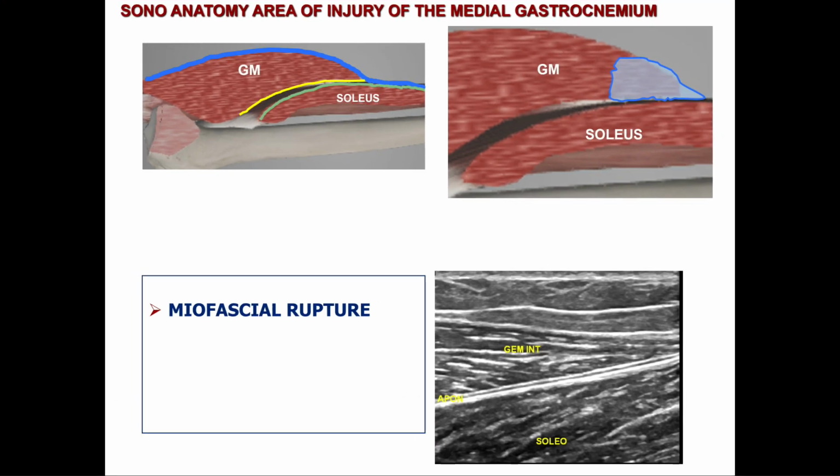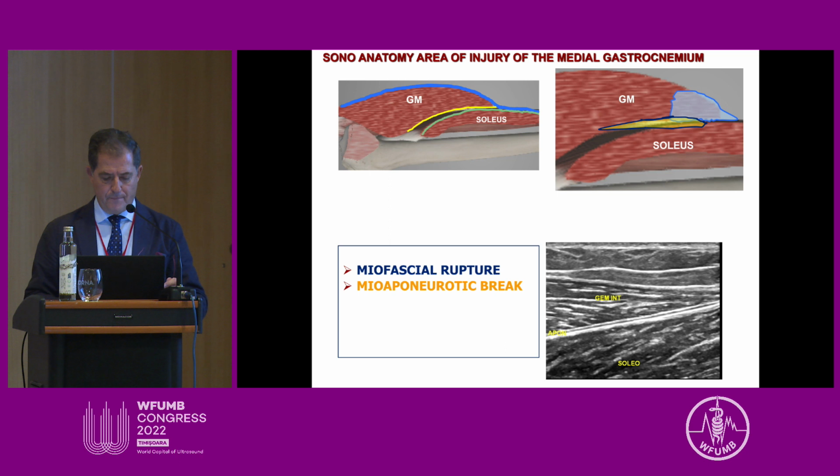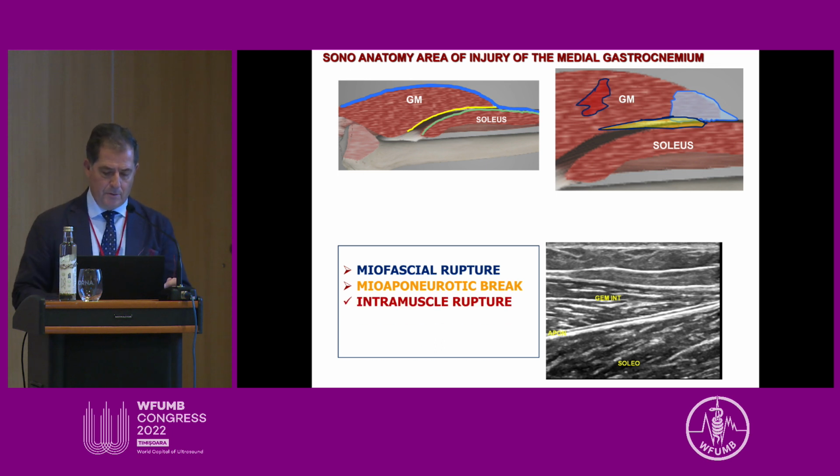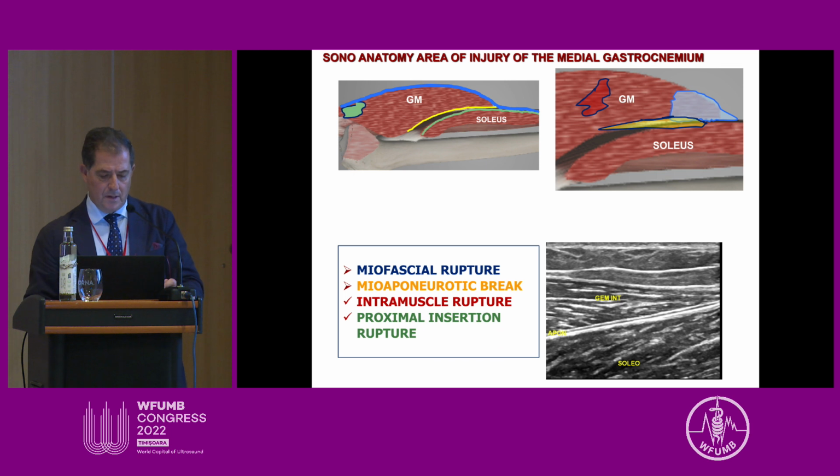One of these is the myofascial rupture, where this portion is affected. In other cases, the myoaponeurotic break affecting the anterior fascia. In other cases, we can find the rupture inside of the muscle. And finally, we can find the injury in the proximal attachment, okay?